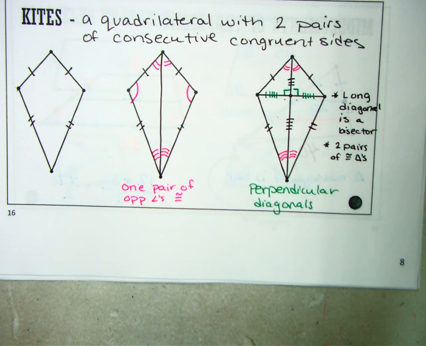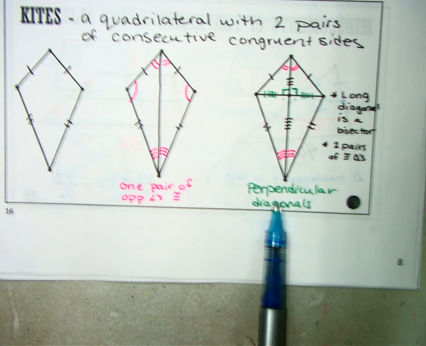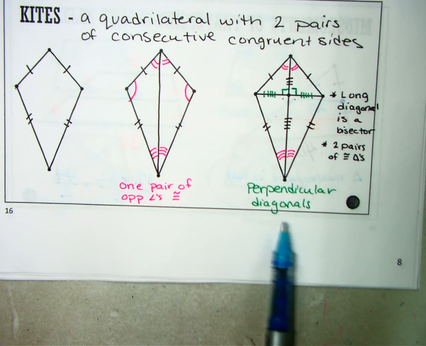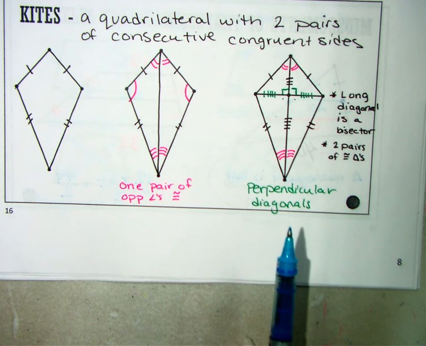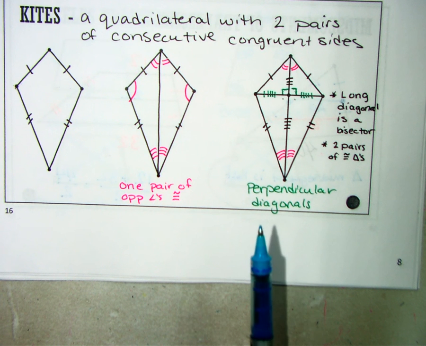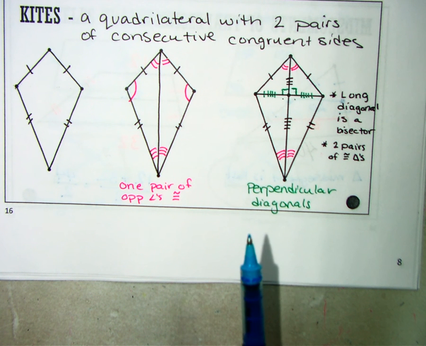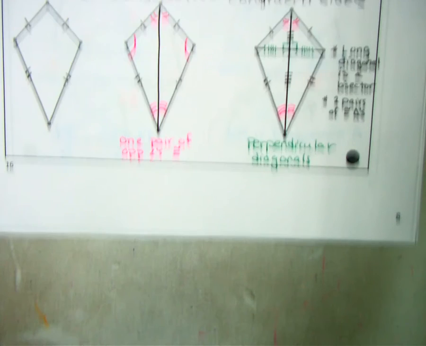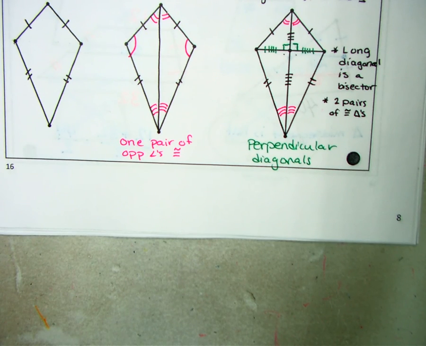But the last thing I want to write down here is, because this right here says perpendicular diagonals, that means you have 90 degrees. That means you have right triangles. That means you can use the Pythagorean Theorem and sine, cosine, tangent. So we talked about that with our other shapes, but I'm going to write it right here.